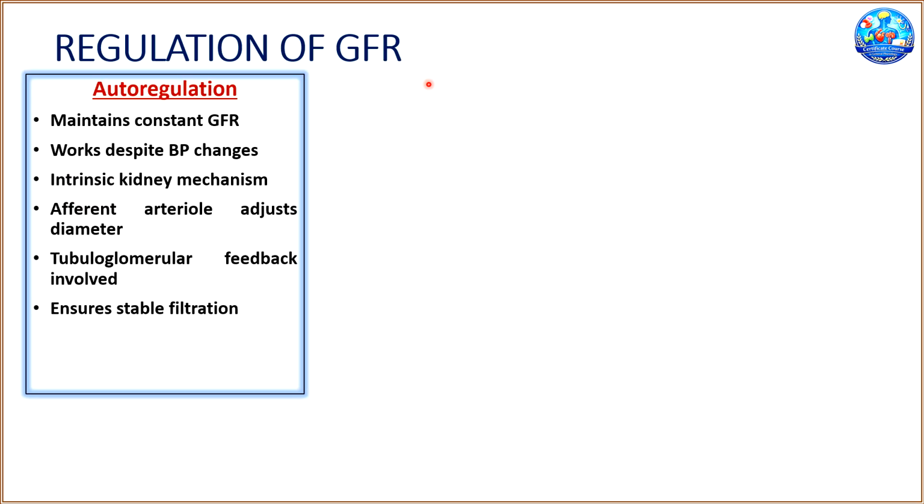What regulates glomerular filtration rate? The first one is autoregulation. Here it maintains a constant glomerular filtration rate, depending basically on the blood pressure changes within the individual. It is an intrinsic kidney mechanism.